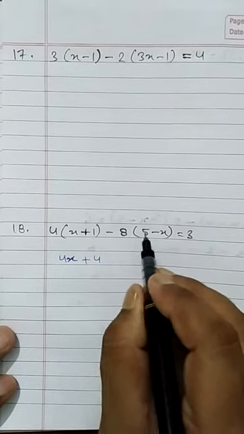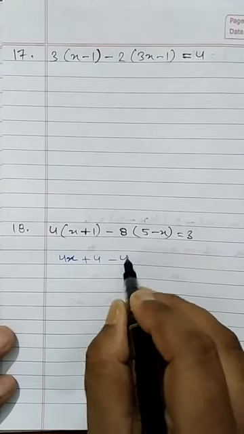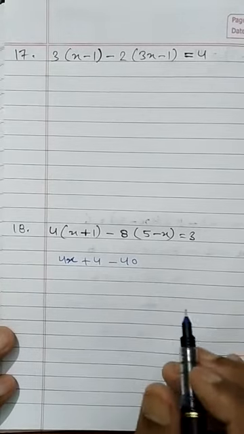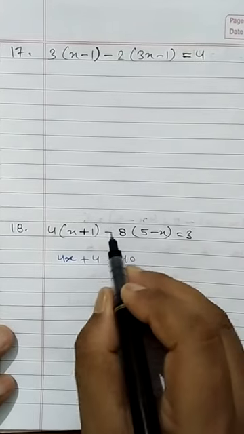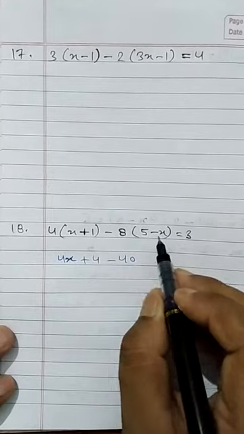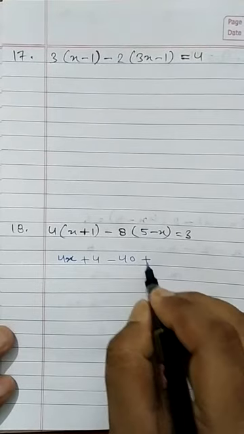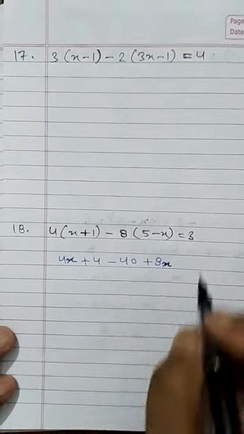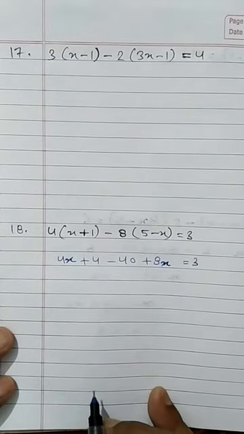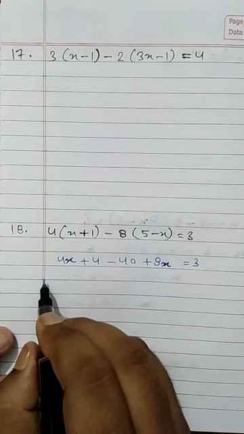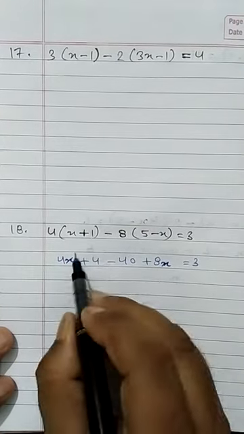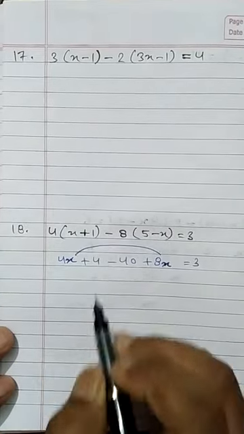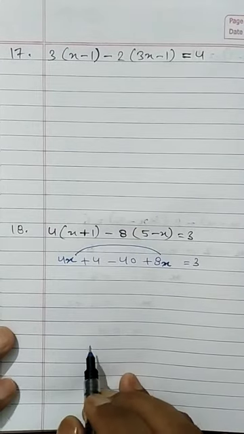Minus 8 multiplied by 5 gives you minus 40. This is all the game of integers that you have studied in class 7. Minus 8 into minus x gives you plus 8x, equals 3. Now 8x and 4x, these two are the x terms.